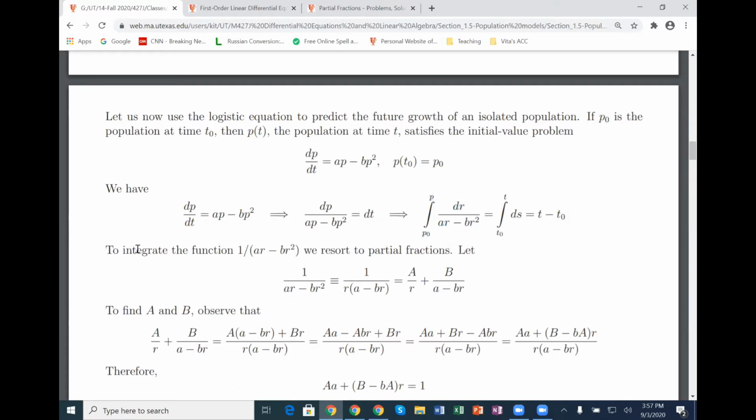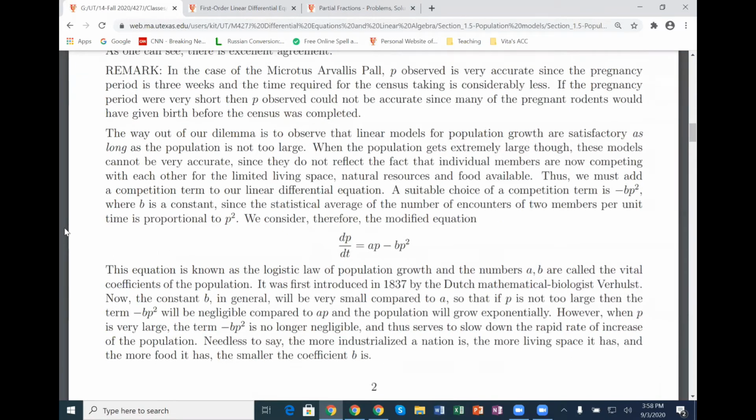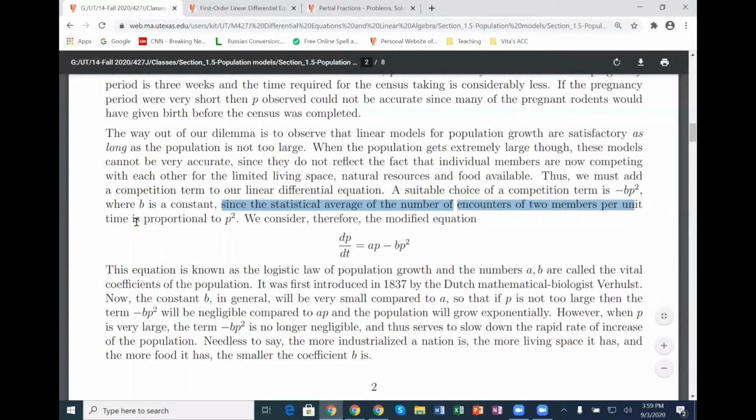Now questions. Yes, Professor. Why is it p squared when it's multiplied by b? Yeah, so it's not so easy to explain. We just give you a pretty small piece of information. b is a constant since the statistical average of the number of encounters of two members per unit time is proportional to p squared.